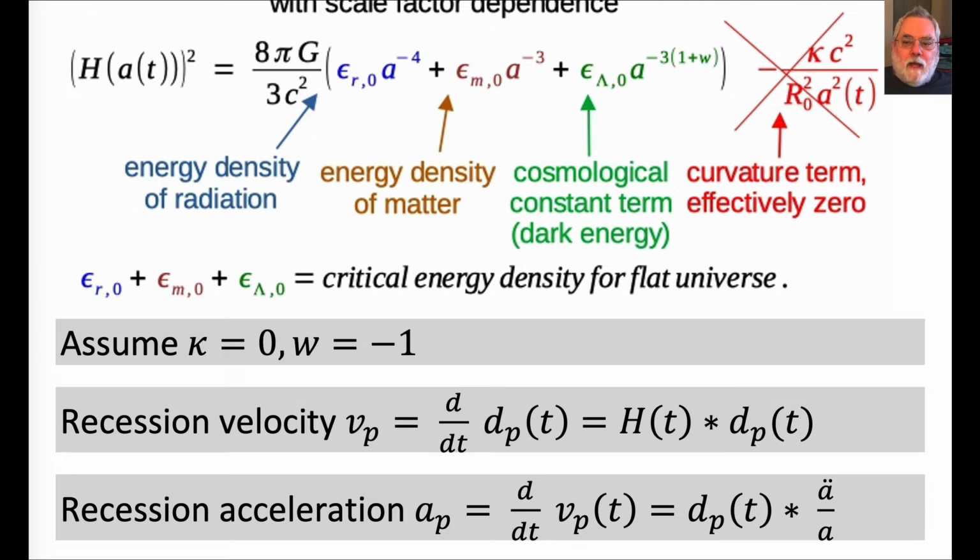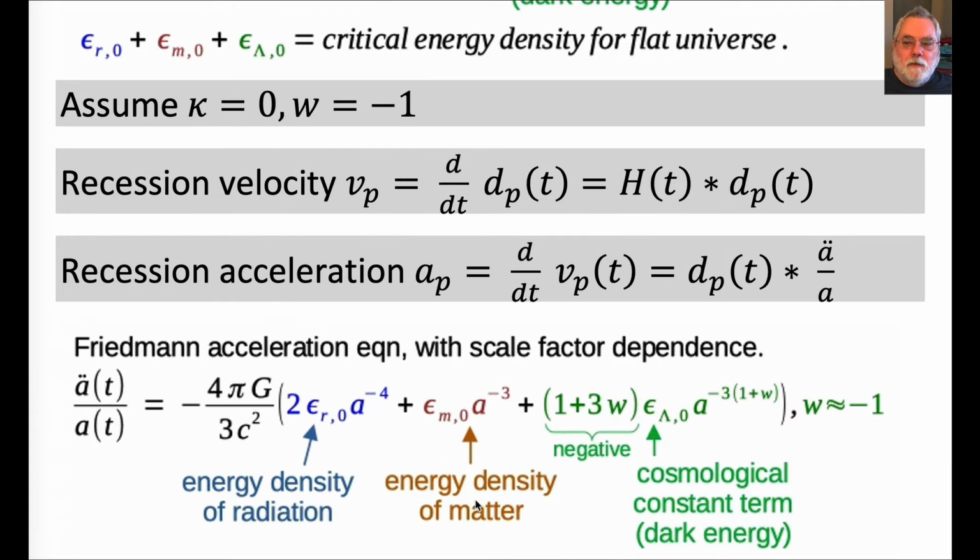We will call the time derivative of the recession velocity due to expansion the recession acceleration, a sub p. It turns out that this equals the proper distance times an acceleration term that we covered in the main course. In the main course, we saw that radiation dominates the early universe and the expanding universe decelerates.